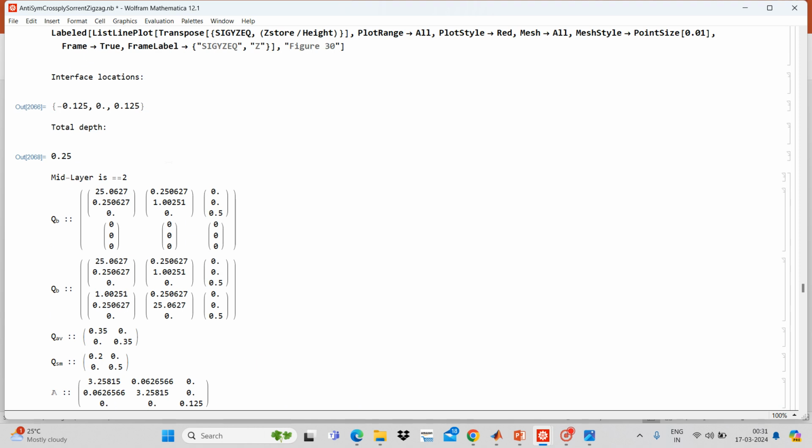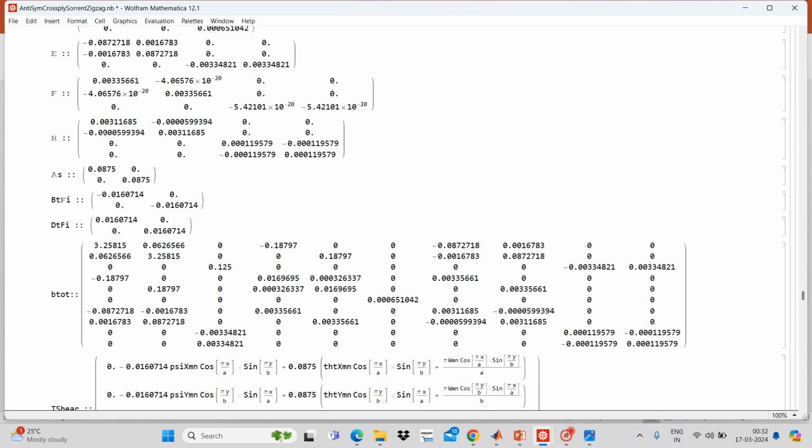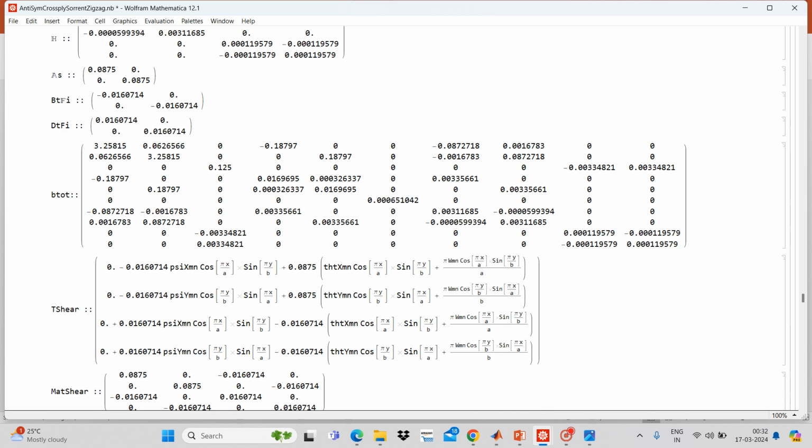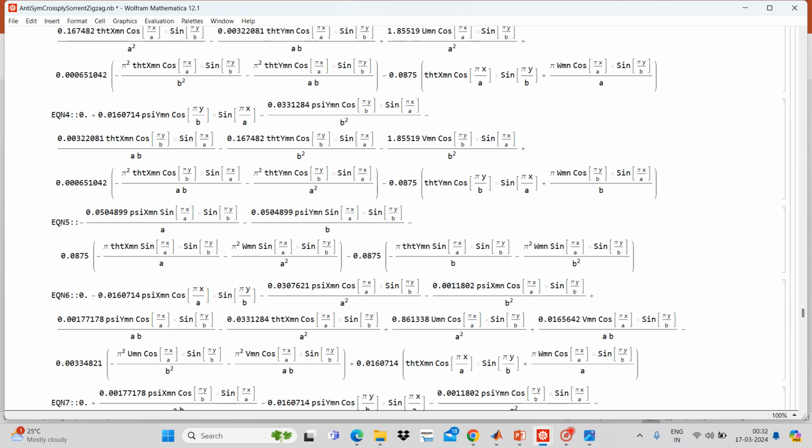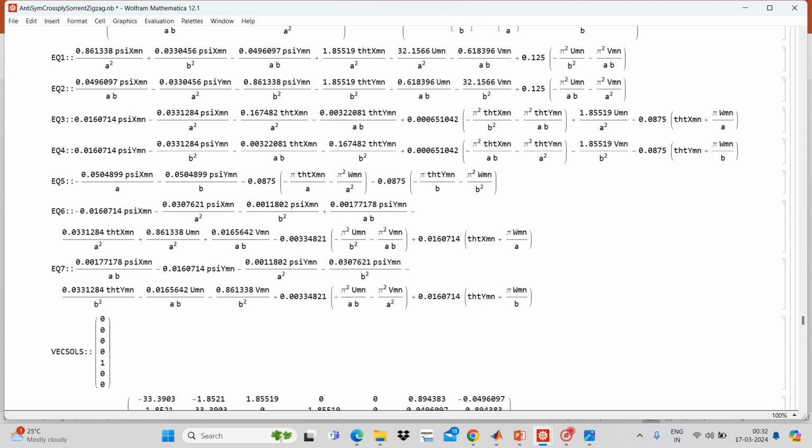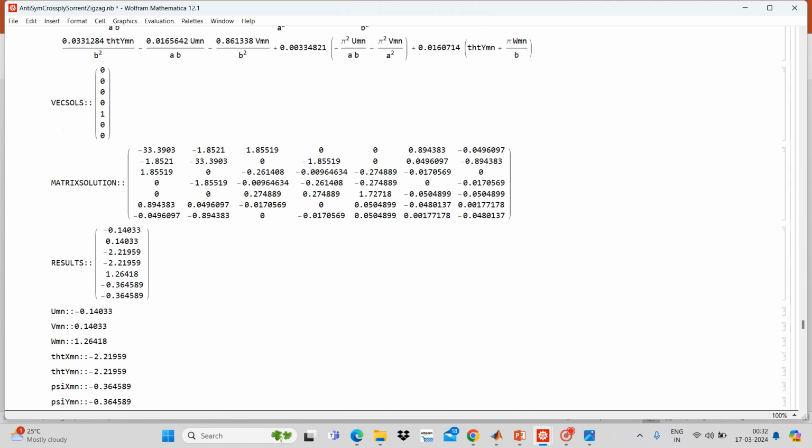We have the interface conditions here, the ABD matrix, and all the equations are also given here. We will see the matrix solution and results. If you see this for the anti-symmetric cross-ply, U naught and V naught are not 0, meaning UMN, VMN are not 0, because it's not the symmetric case, it's anti-symmetric.